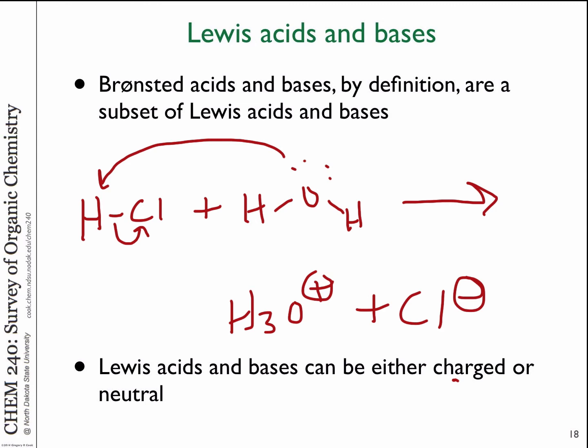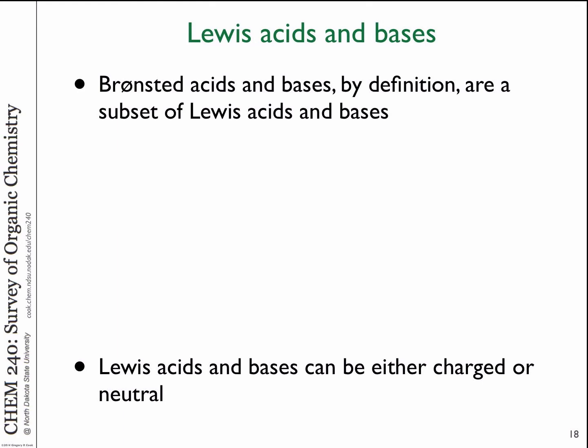But if it had 5 more, it would no longer be neutral. Let me write this. Okay, so let's think about boron. Boron has 3 valence electrons. The electron configuration is 1s2, 2s2, 2p1. That's the valence shell.